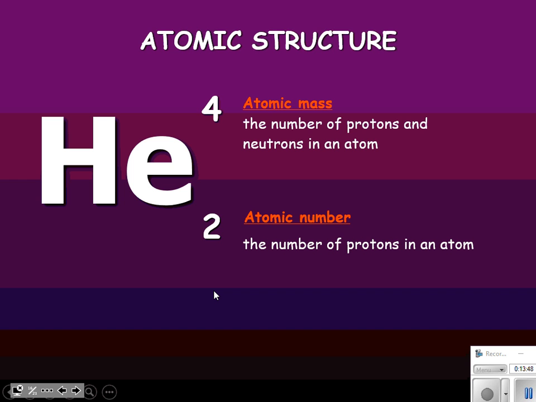The atomic mass is equal to the number of protons and the number of neutrons. So if helium has an atomic mass of 4, and we know that helium has 2 protons, 4 minus 2 is 2, so helium must have 2 neutrons. So the atomic mass minus the atomic number will yield the number of neutrons.